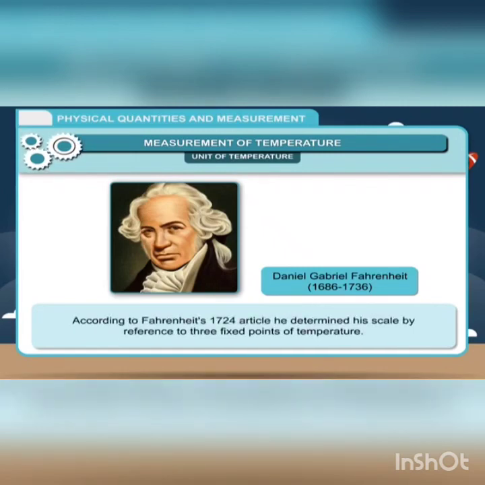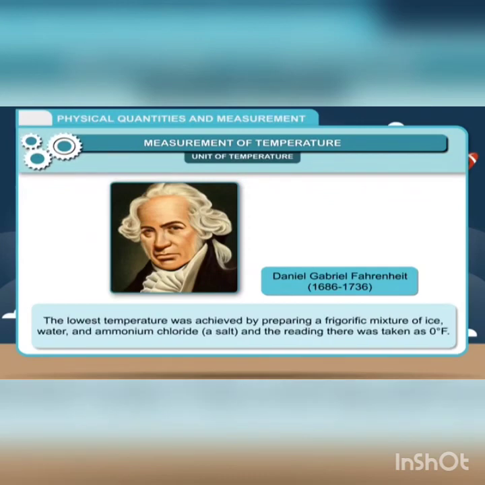According to Fahrenheit's 1724 article, he determined that scale by reference to 3 fixed points of temperature. The lowest temperature was achieved by preparing a frigorific mixture of ice, water, and ammonium chloride, a salt, and the reading there was taken as 0 Fahrenheit.